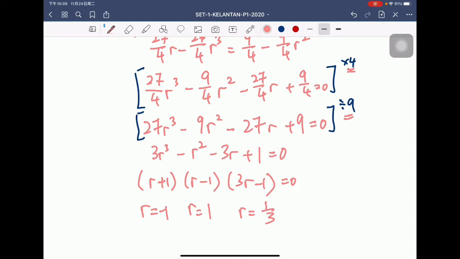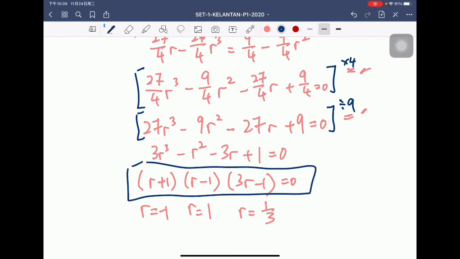I will explain what answer you will get if you didn't multiply by 4 and divide by 9. Actually, you will still get the same answer. After you press the calculator, you will still get r equals -1, r equals 1, and r equals 1 over 3. But if you try to factorize this equation, you won't get 27 over 4, -9 over 4.